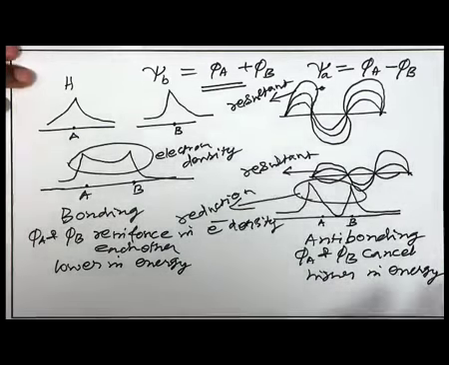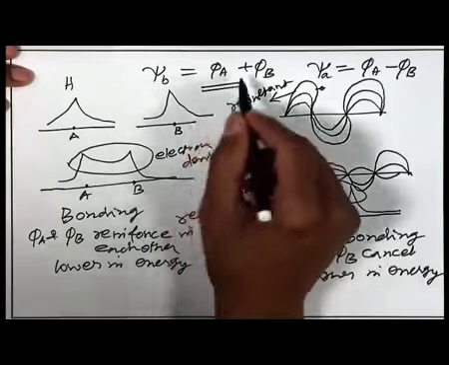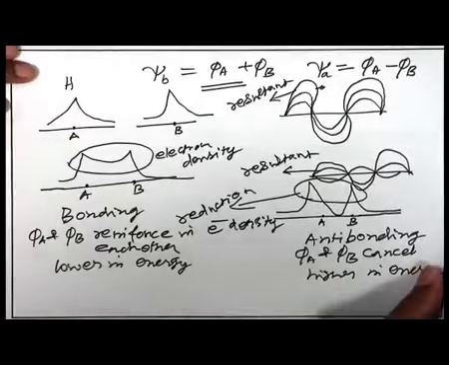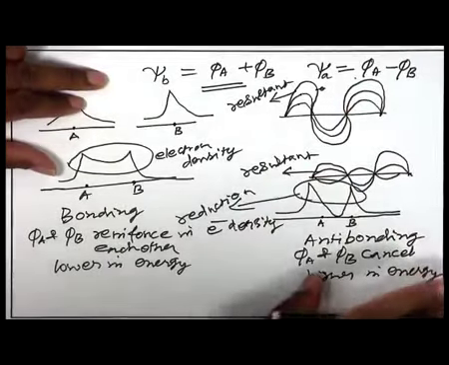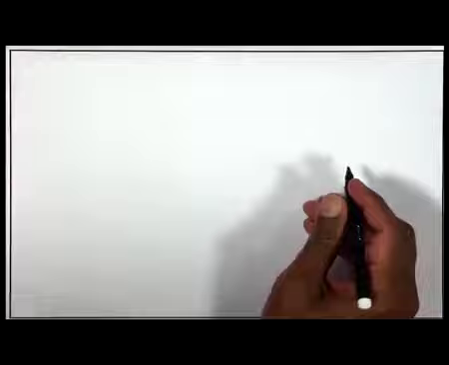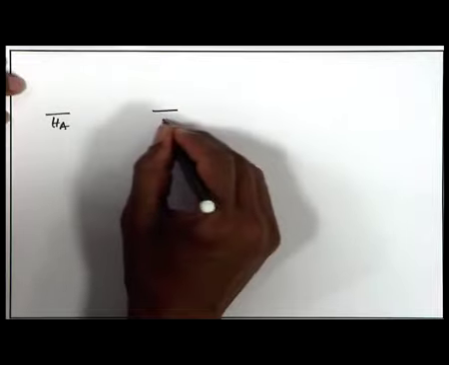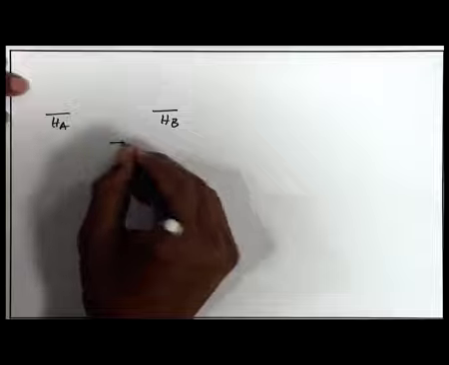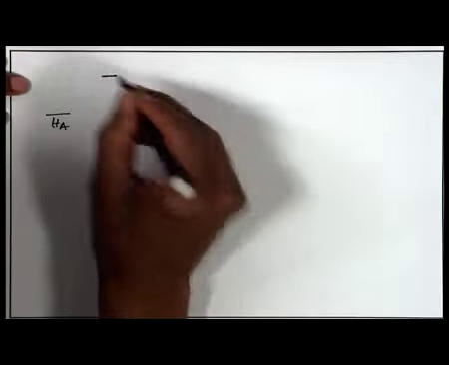So, it becomes clear now what is the meaning of these two equations. One can represent these two equations in a diagram like this. So, you have a hydrogen atom A interacting with another hydrogen atom B, and then there is one energy level lower in energy, another energy level higher in energy.